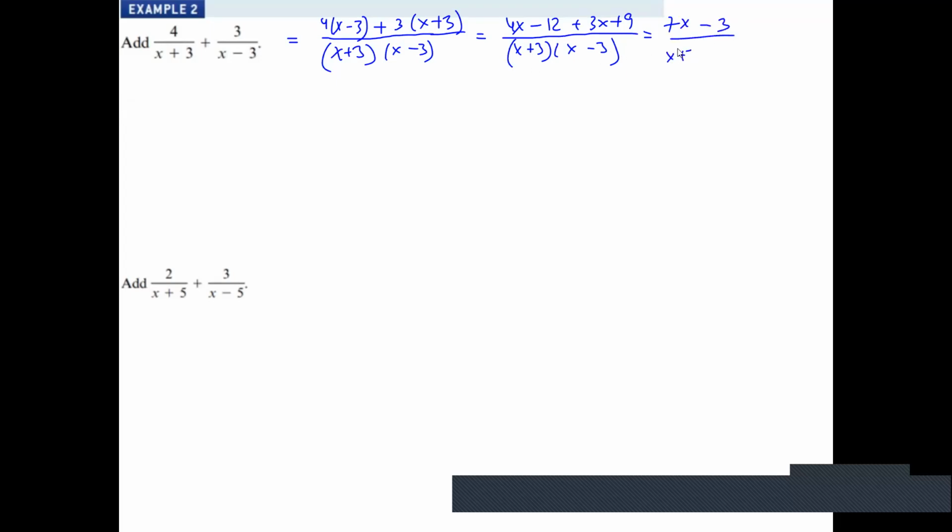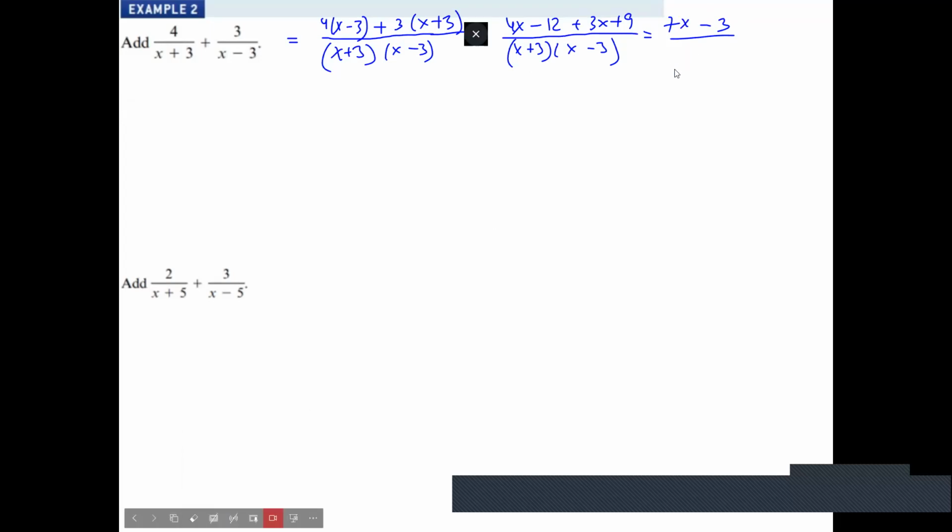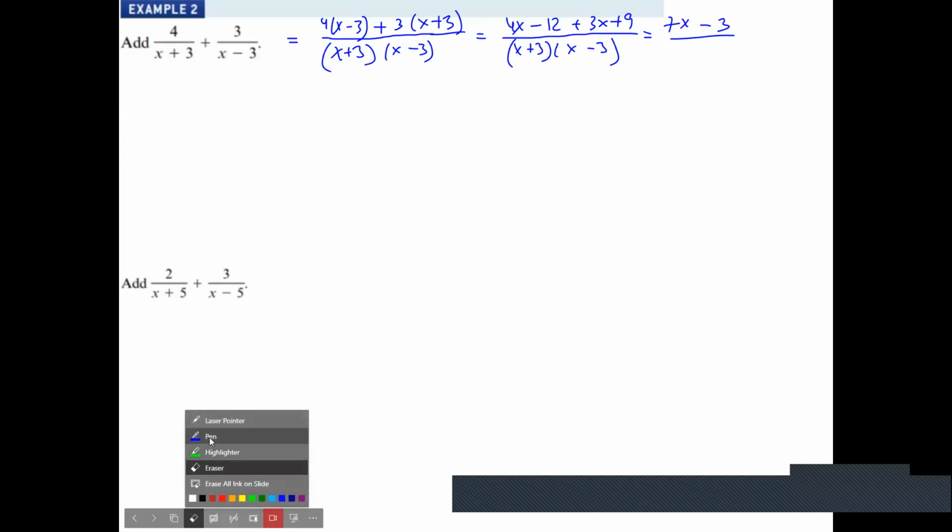And here, what I have? I have a lovely formula, right? Which is x squared minus 9. Yes, gentlemen?